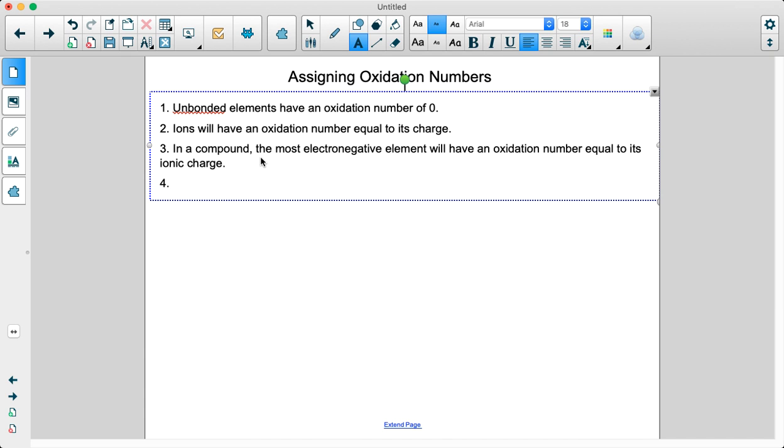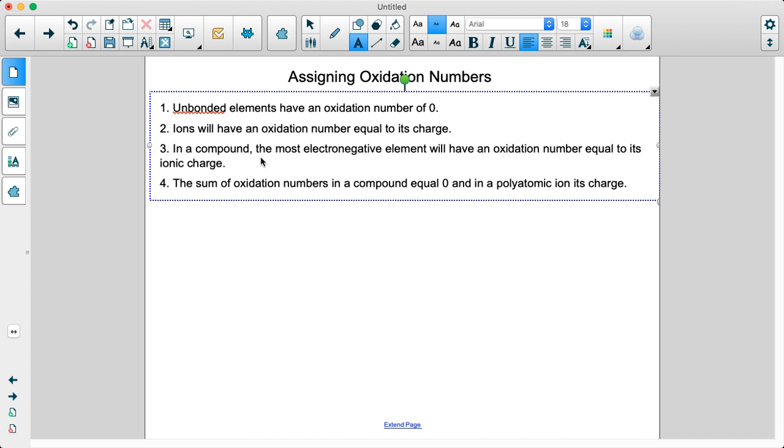The fourth rule is that the sum of oxidation numbers in a compound equal 0, and in a polyatomic ion, its charge.